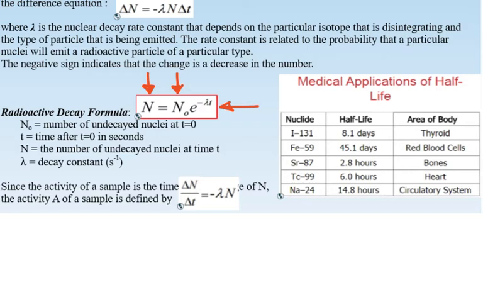E is Euler's constant, 2.71828. So it's a constant, and then lambda is the decay constant, and then t is the time since the moment that the decay started. So time will be the solution for our problems. We will calculate the time it takes for half-life to occur.